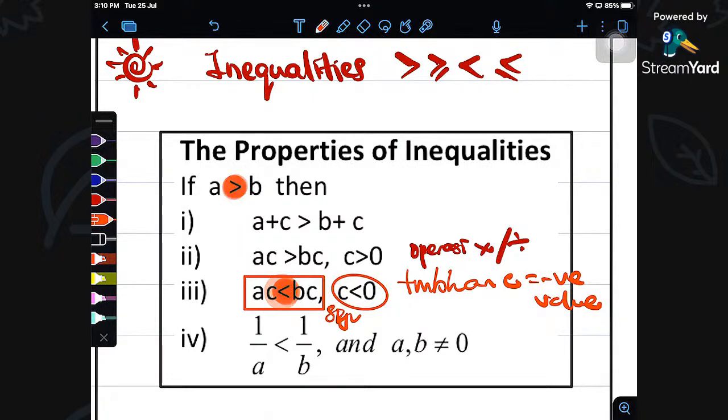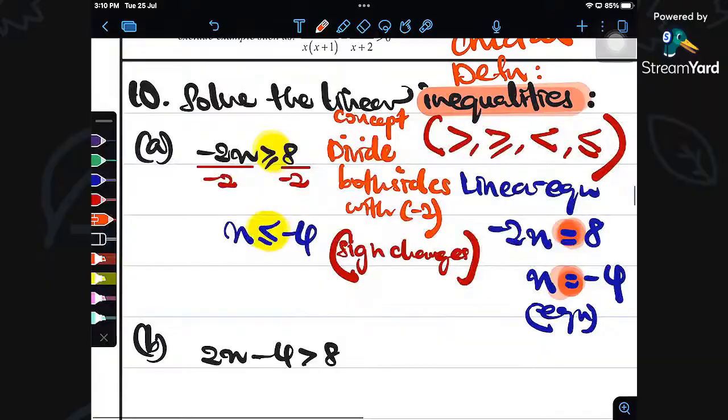This is exactly what we are encountering right now. When you divide with a negative value or you times it with a negative value, the sign changes.